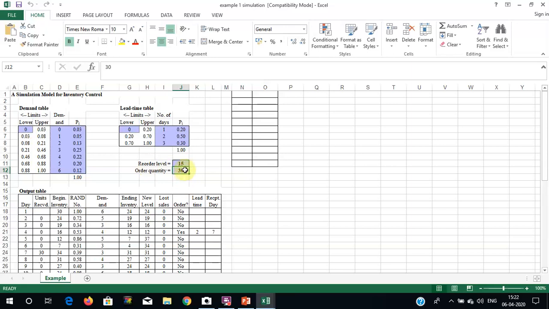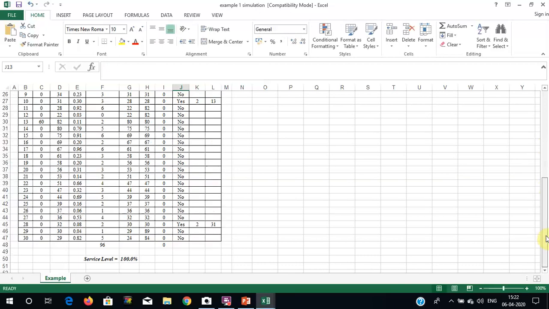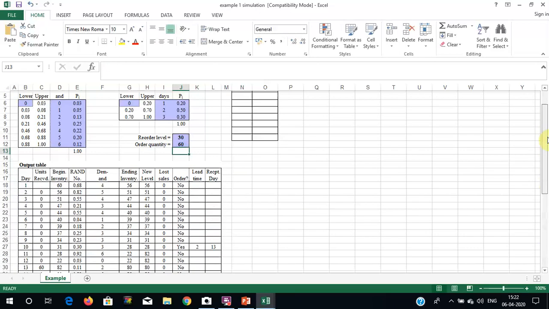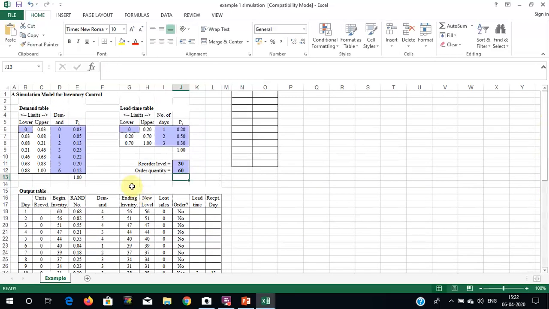So the order quantity is 30. Basically I can change it here, I can make it 30, make it 60. Suppose the reorder level is 15 and every time it is the same.